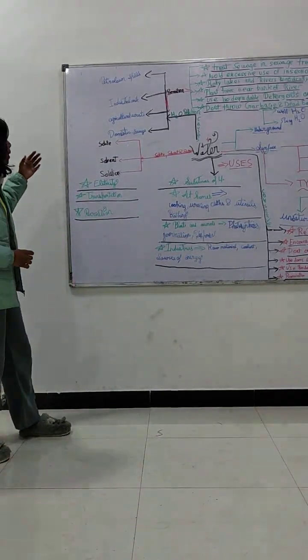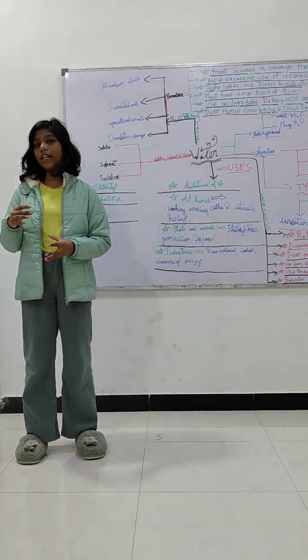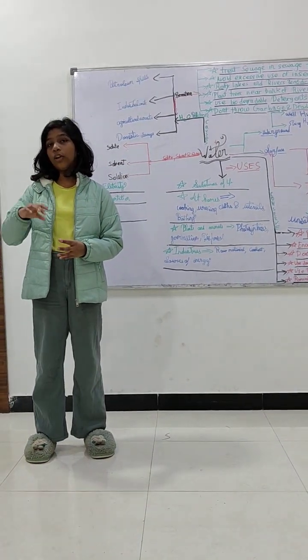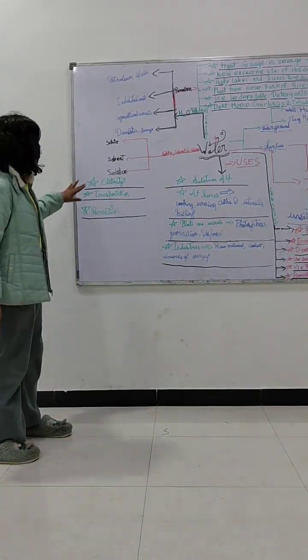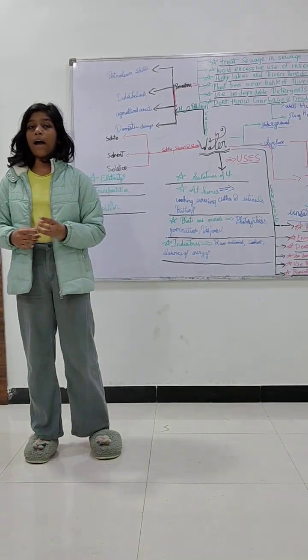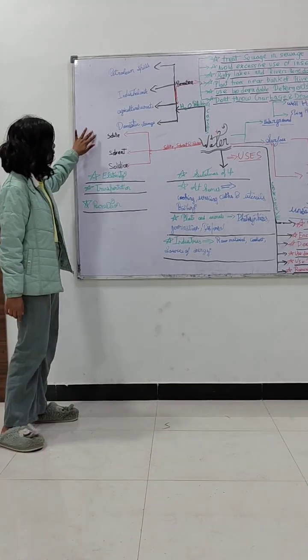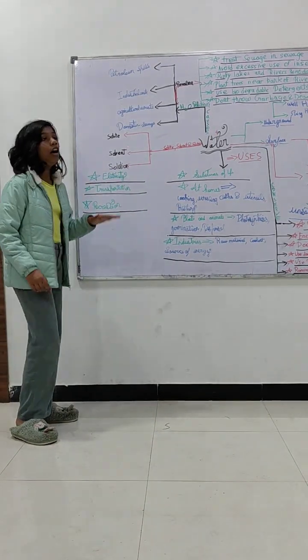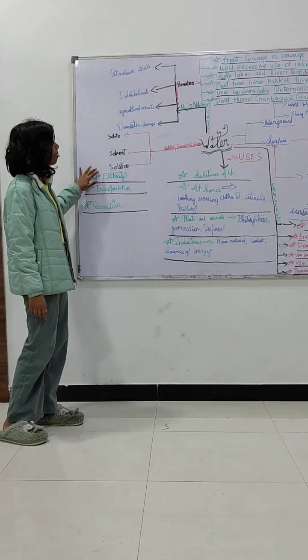Solute means the object that is going to be dissolved in a solvent. A solvent is the liquid or anything in which we dissolve a solute. And when the solute and solvent mix together, they form a solution.